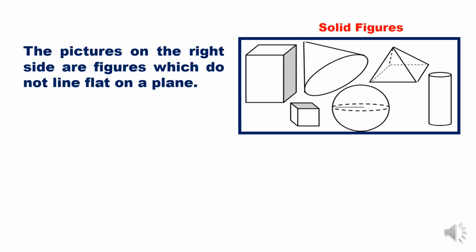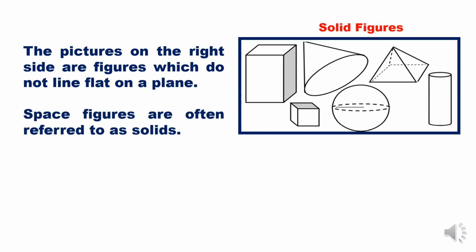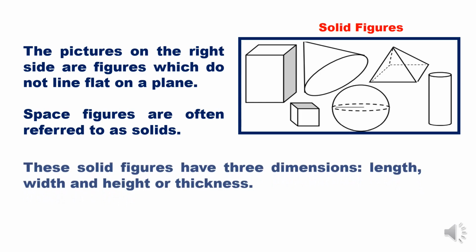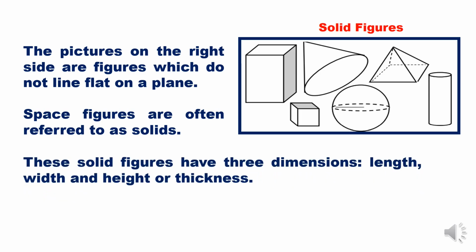The pictures on the right side are figures which do not lie flat on a plane. Space figures are often referred to as solids. These solid figures have three dimensions: length, width, and height or thickness.